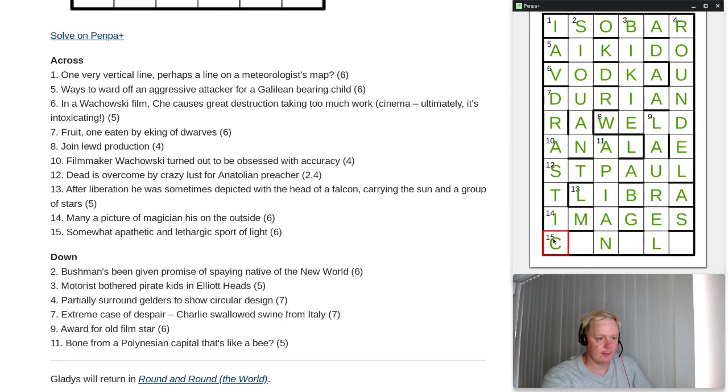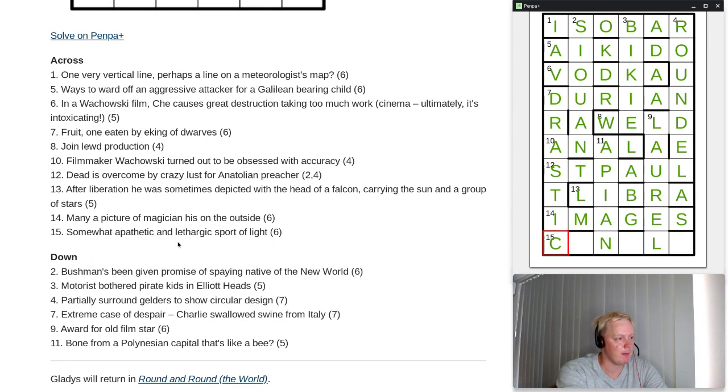And lucky last is 15. So let's see. Somewhat apathetic and lethargic sport of light. Now, somewhat, or just the word some, often indicates a hidden word.